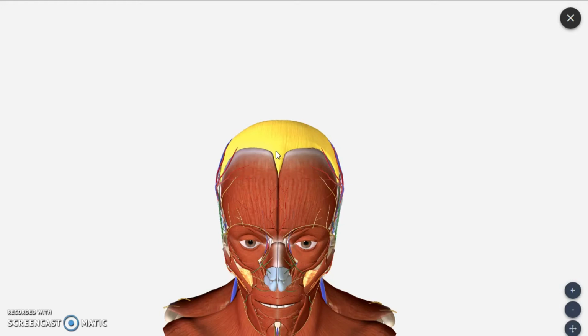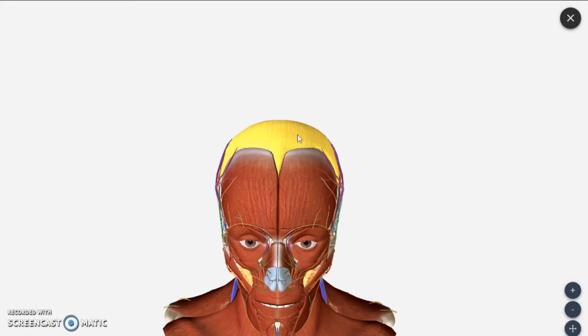Now we will move on to the dense subcutaneous tissue. This is the area which has more fibrofatty tissue, and it connects the overlying skin area with the aponeurotic area. And here we have some applied aspects, such as subcutaneous hemorrhage, that is more prone to happen in the second layer of the scalp region.